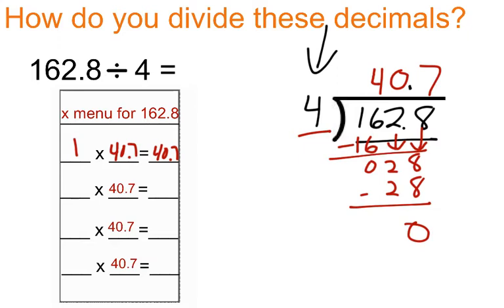So I know one group is 40 and 7/10, and now I can work with my next groups. 2 groups, of course, would be 81 and 4/10. 3 groups, 122 and 1/10. And of course, 4 groups would be 162 and 8/10.